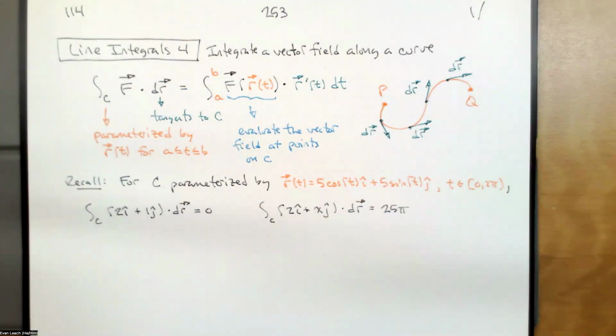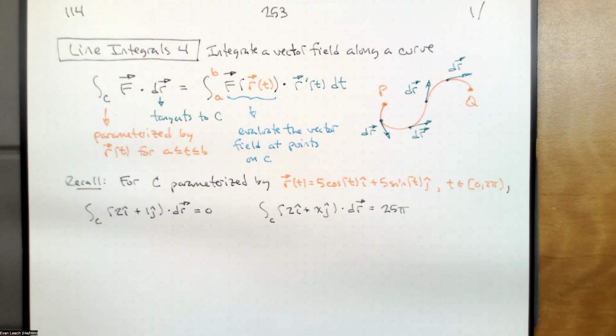So whether or not we get 0, whether or not all that stuff balances out, is dependent on the vector field. The first vector field, 2i plus 1j, this vector field is conservative. That means it's a gradient field.